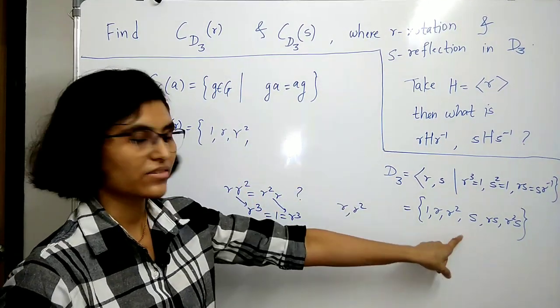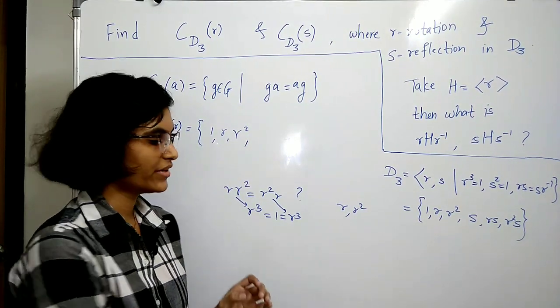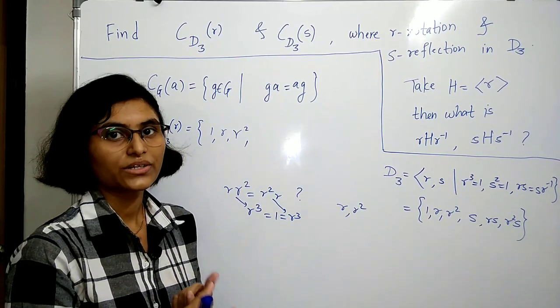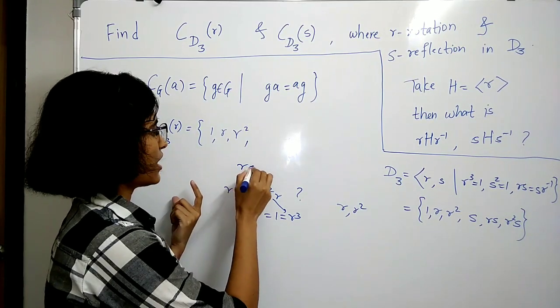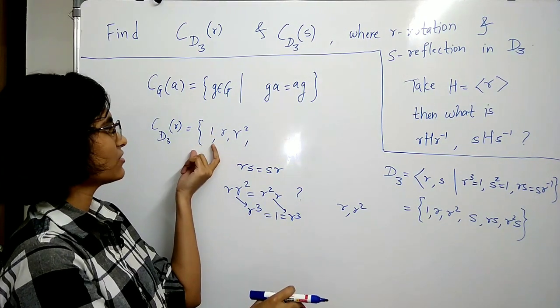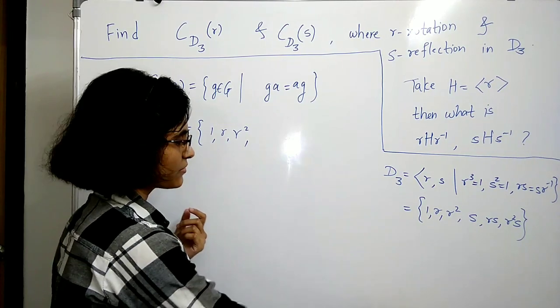Now next is S, right? Just remember that whenever we have a reflection and a rotation, they do not commute. That means we never have RS equal to SR. So this set will not contain S. Or you can just check this.